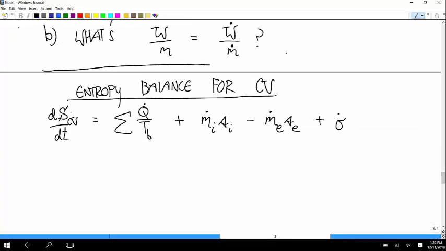And steady state tells us that this is 0. It tells us that these two are both just m dot.